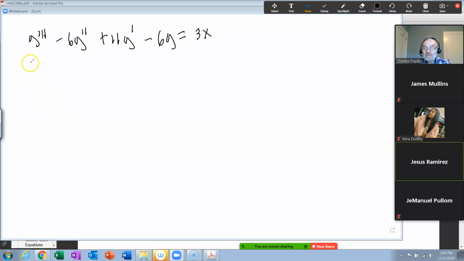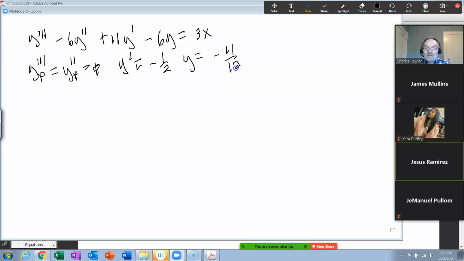Now, we had determined that y triple prime and y double prime for y sub p are both equal to 0. y prime was equal to negative 1/2, and y was equal to negative 11/12, I believe it was, minus 1/2 x.